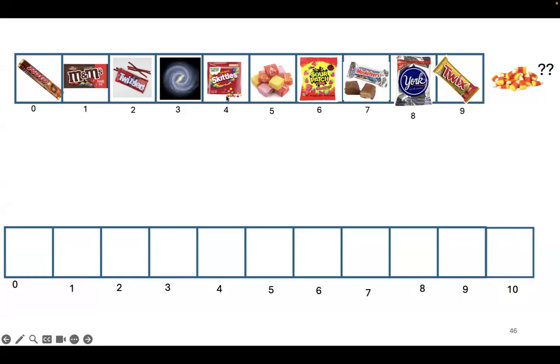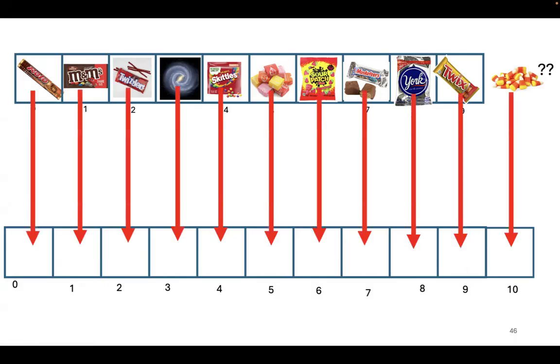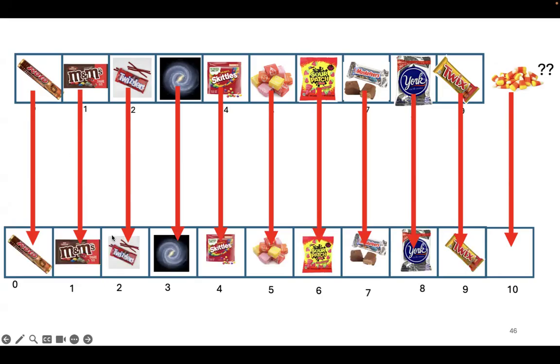So this is one array in memory. This is a completely separate array, a new one. And so the idea is we go through our old box and we copy everything over. For all of our Rolos and our M&Ms, we just take it from the old box and copy it over to the new box until we reach the end, at which point we add our candy corn into that last spot.